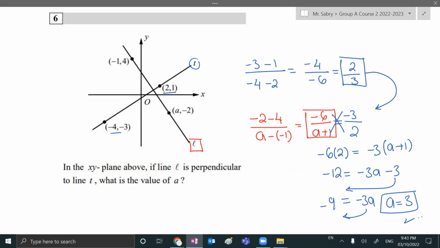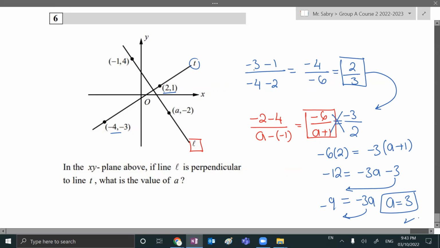Does this make sense? Yes. Where did the negative 4 over negative 6 come from? The first thing I know is y2 minus y1, but negative. So what's negative 3 minus 1?